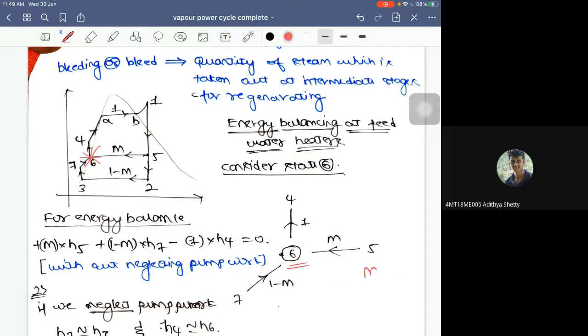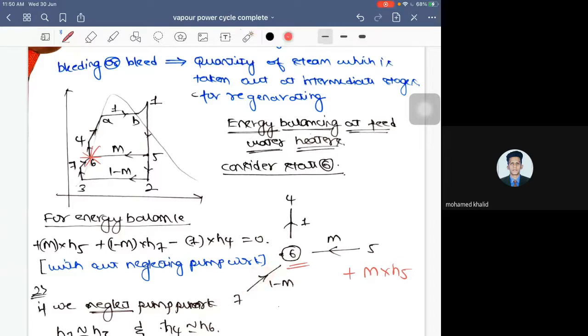This particular quantity is approaching state 6 or it is going away from state 6. Approaching, then it is positive.